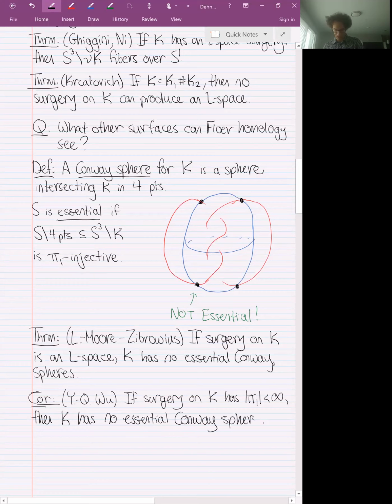So we've generalized this theorem to the more general setting of L spaces. And so what I'd like to tell you about for the rest of the talk is the ideas that go into this proof and how Conway spheres interact with this Floer homology theory.